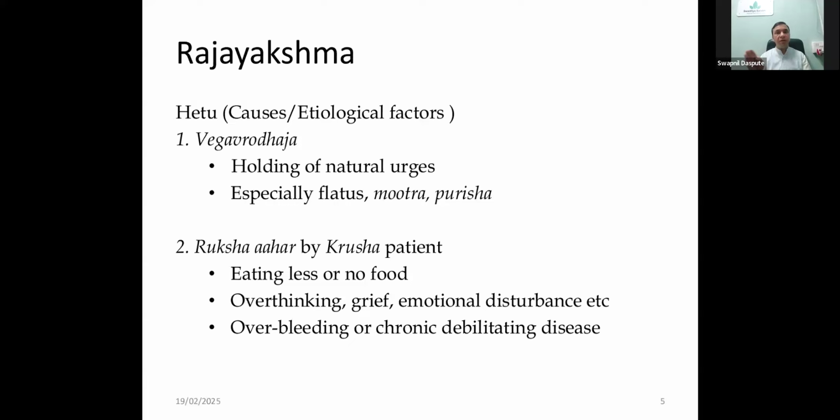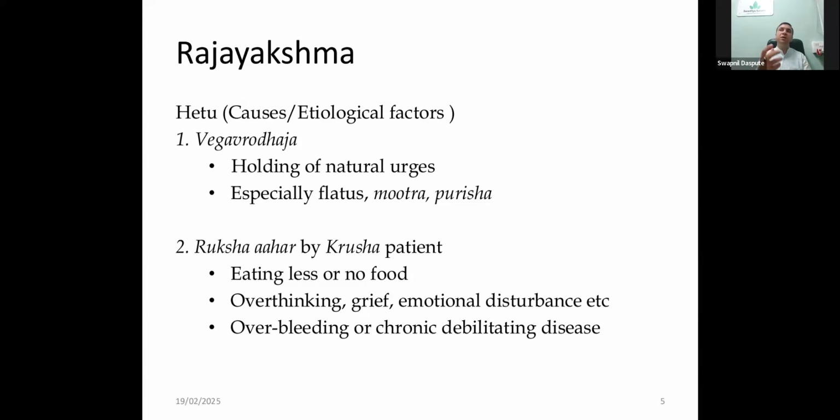But if that particular action is done on a regular basis, then the body will start showing various effects. The disequilibrium will be seen to a larger extent, and the pathogenesis, the formation of the disease, will go to the next stage when it is done on a regular basis.